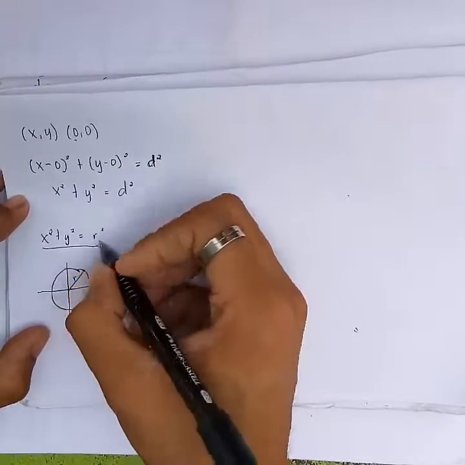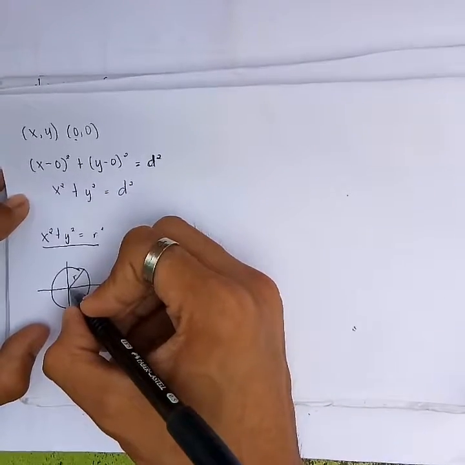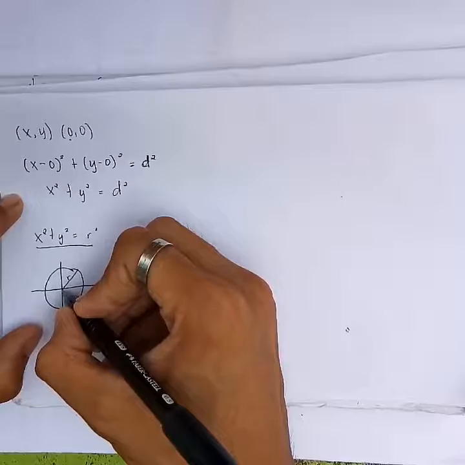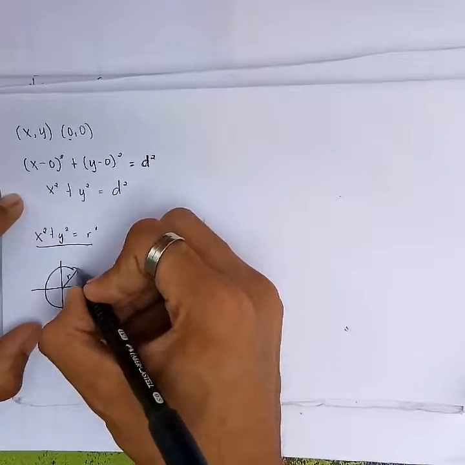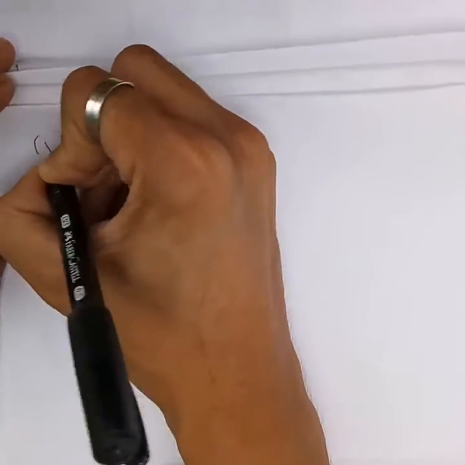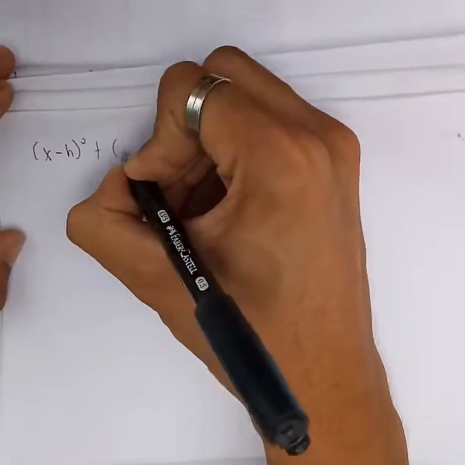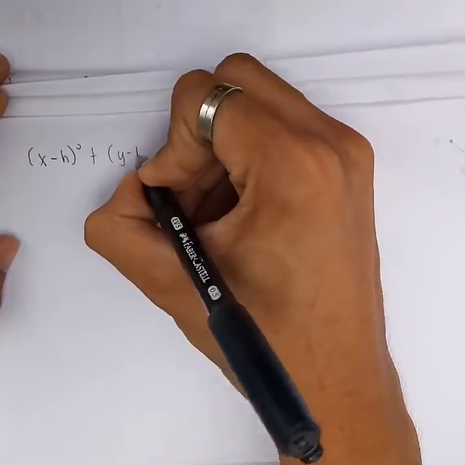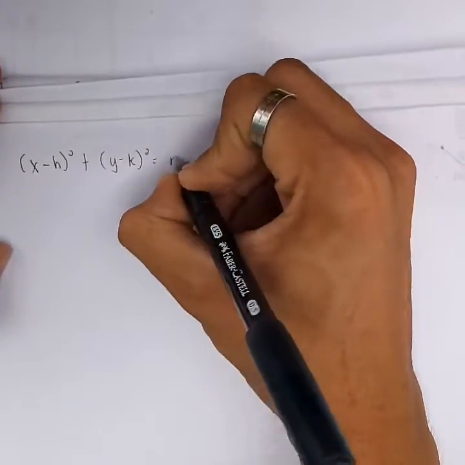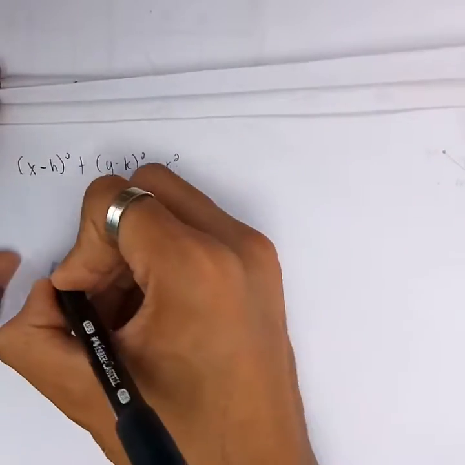This equation is at the center of 0, 0, where the radius or the points go from the center to the other point. The second equation is x minus h squared plus y minus k squared is equal to r squared. When we graph this, it will be like this.